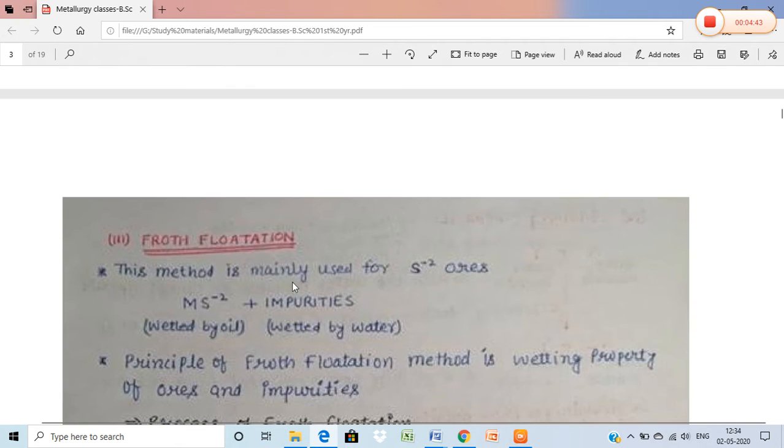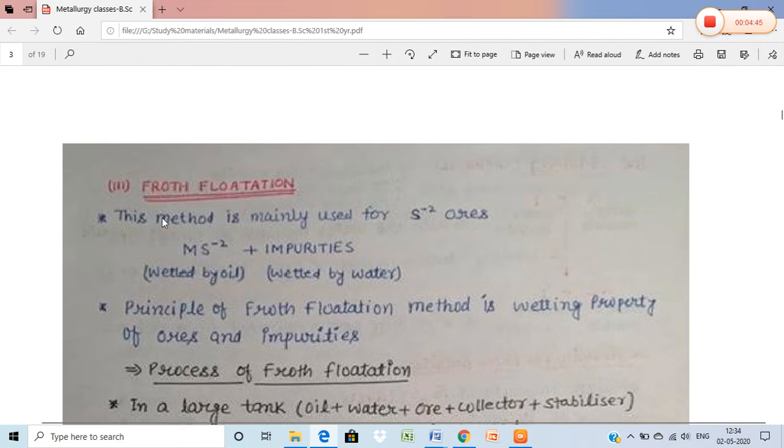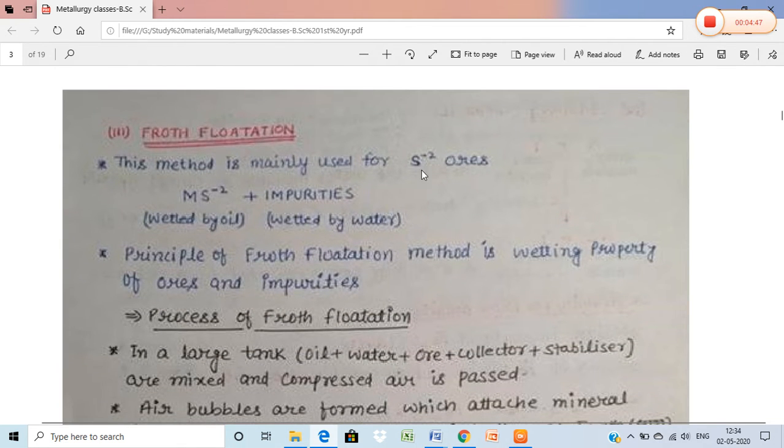Now we go for the flotation process. This method is mainly used for sulfide ores such as ferrous sulfide or copper sulfide. The principle is that the wetting property of the ore and the impurities must differ.